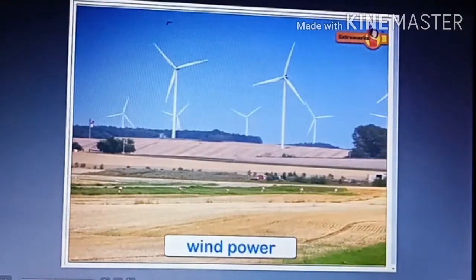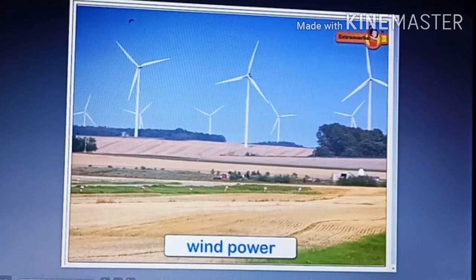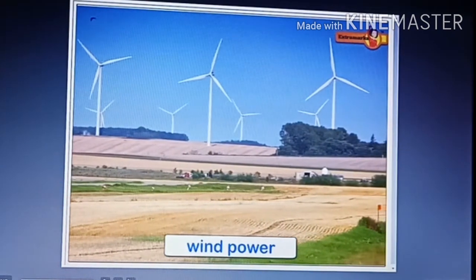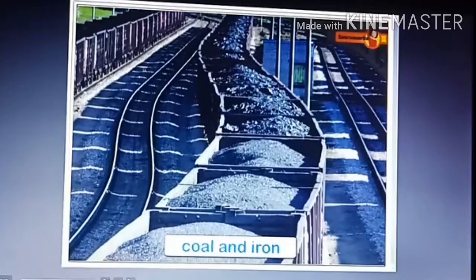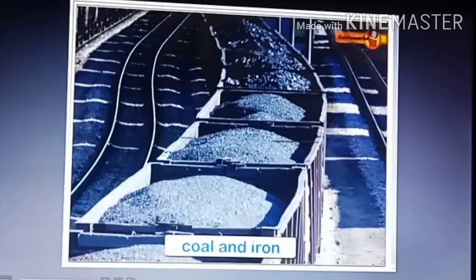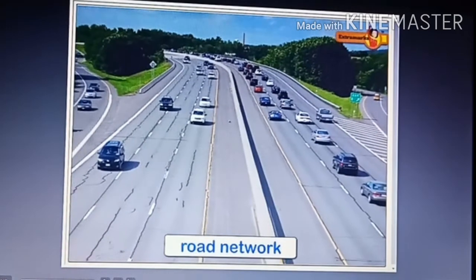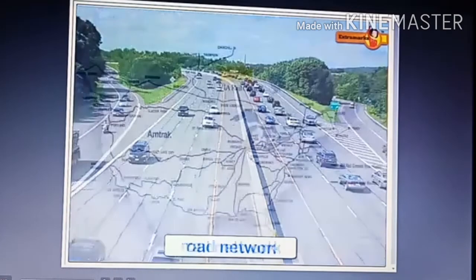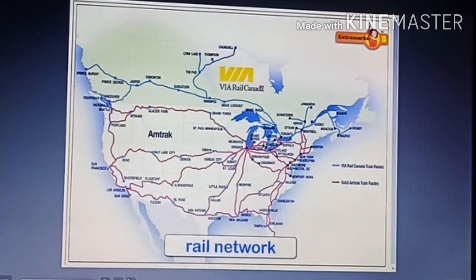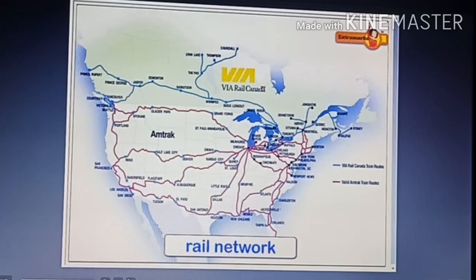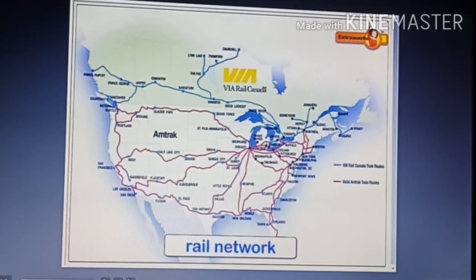Prairies contribute substantially to the wind power in North America. The availability of coal and iron, and a good network of roads and railways have made it one of the most important industrial regions in the world.